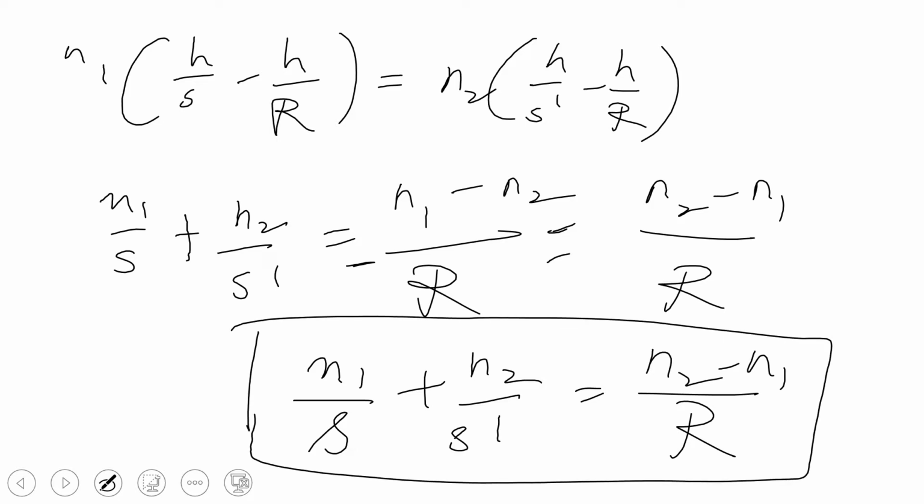Once you have the numbers, you need to go back to the sign convention. So let's look at example 2 in the textbook so that we know how to use this equation. What we have is a spherical surface.